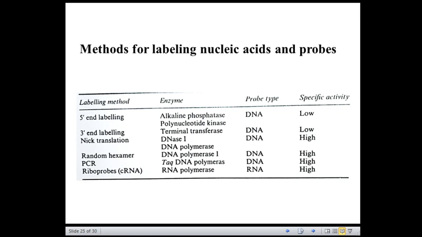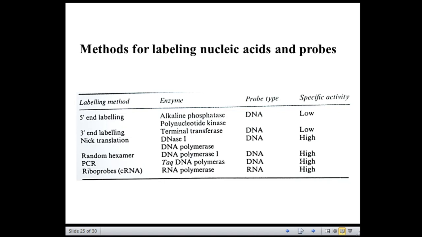Right. So in this table you can see a comparison of different labeling strategies. We have 5' end labeling, 3' end labeling, nick translation, random hexamer, PCR and riboprobes. And in the last column, if you carefully observe, it is about the specific activity.